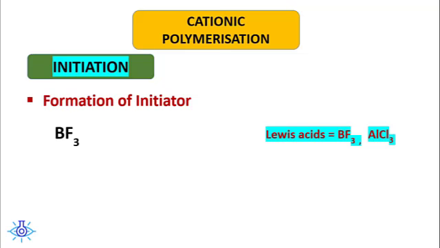Now this initiator BF3, which is serving as the catalyst, reacts with water, that is the co-catalyst, and forms an added product called H plus BF3 OH minus, which is an aqua adduct. Here H plus is the initiator and BF3 OH minus is the counter ion.